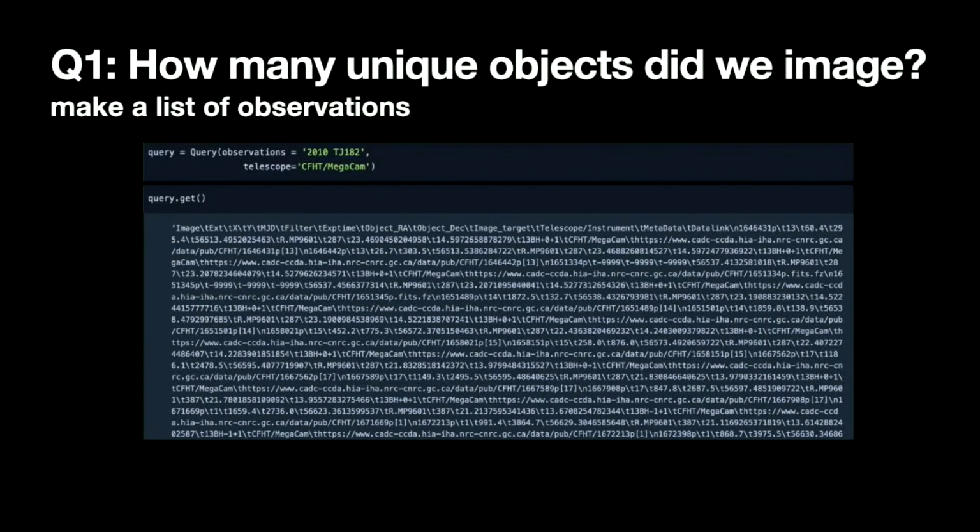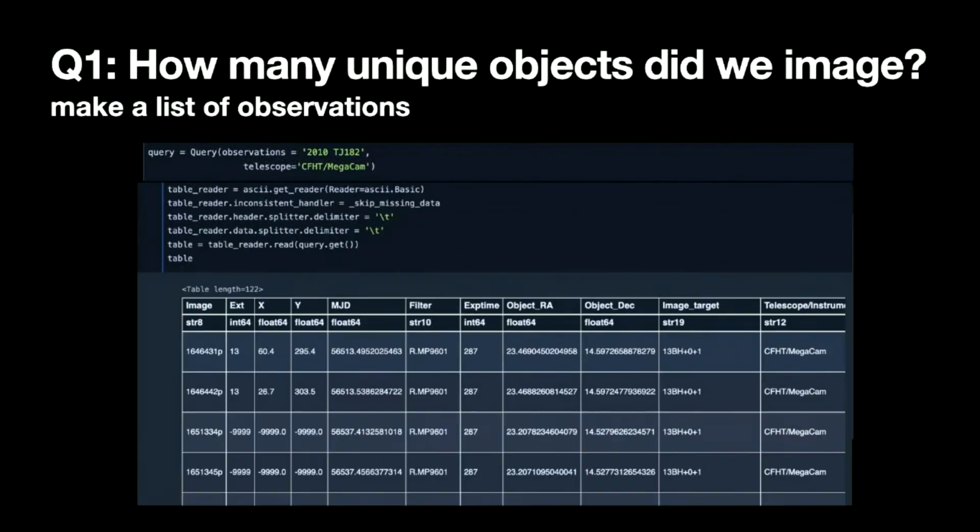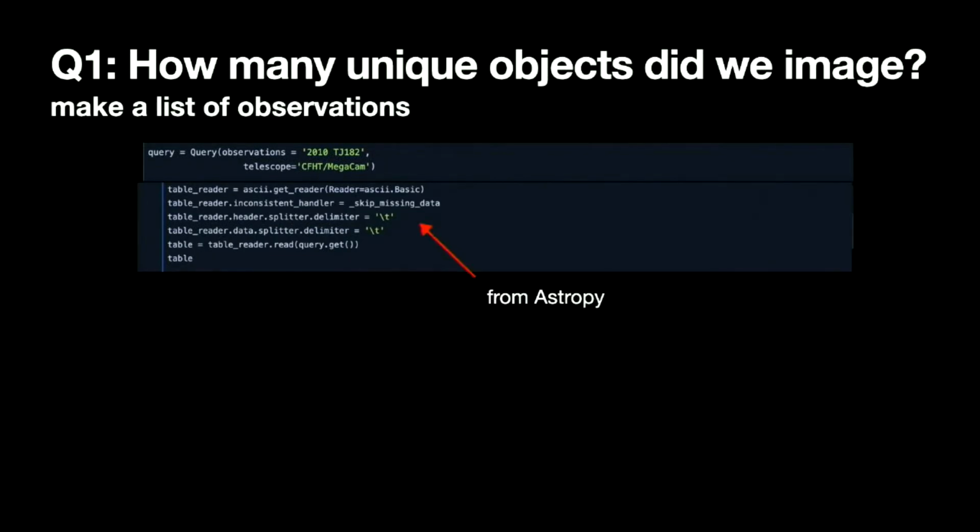But then, when I did that, you just get this really gross return. So what I had to do next was read that return using the ASCII reader from AstroPy. I'll go on a bit of a tangent here to mention AstroPy, which is a set of Python packages designed for astronomy.